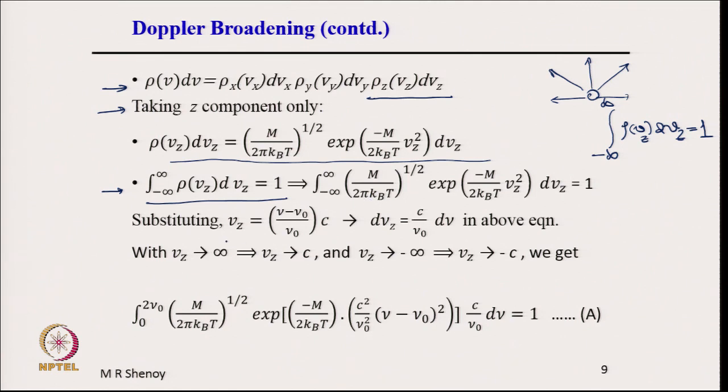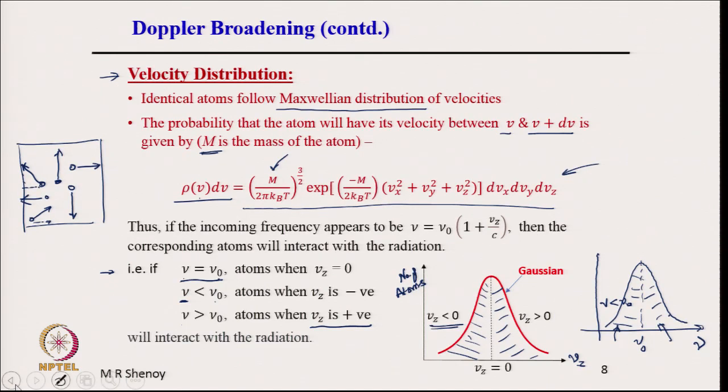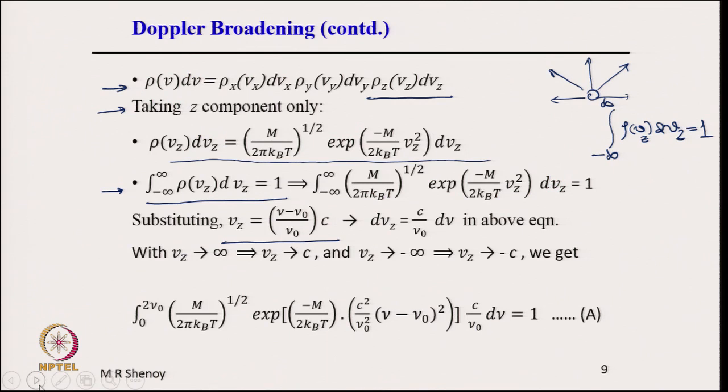Now, we do a change of variable, simple mathematics. Vz is given by the expression here, so we can simply transpose this. Vz will be equal to nu minus nu 0 divided by nu 0 into c. So, dVz is equal to c by nu 0 into d nu.